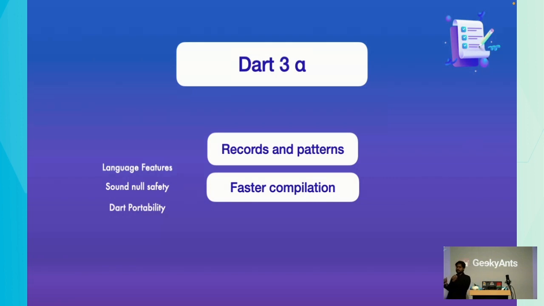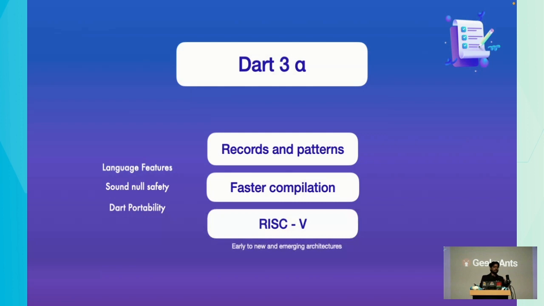For a comparison, I can say Dart 1, which didn't support null safety, was generating around thousands of lines of code. I'm talking about compiler code. So it was generating thousands of lines of code, and now it will generate only 3 or 4 lines. So that's the difference we are going to see. That's why faster compilation, and RISC-V.